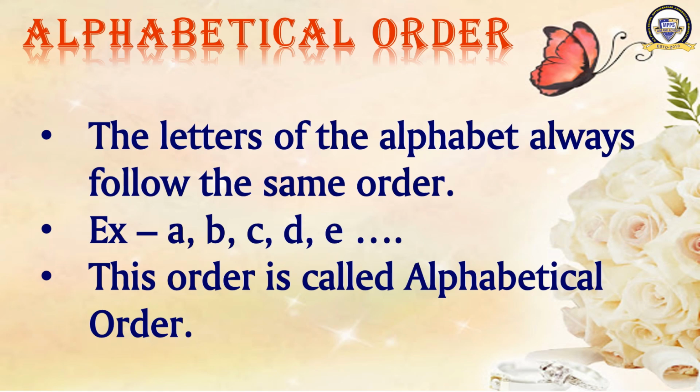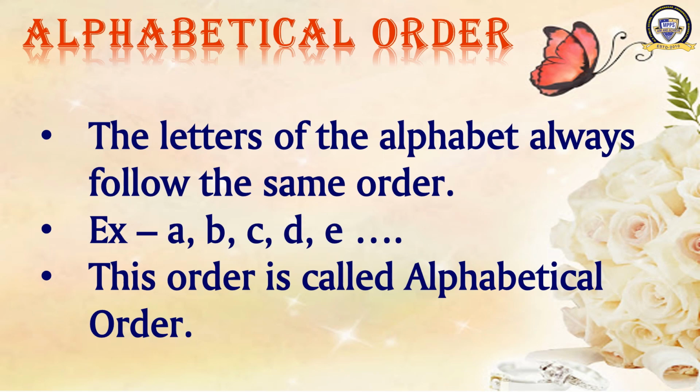Got it now? First of all, we learned about English alphabet. What is English alphabet? The letters A to Z is called alphabet. And how many letters are there in English alphabet? There are 26 letters in English alphabet. And what is alphabetical order? Alphabetical order means the order followed in the alphabet.